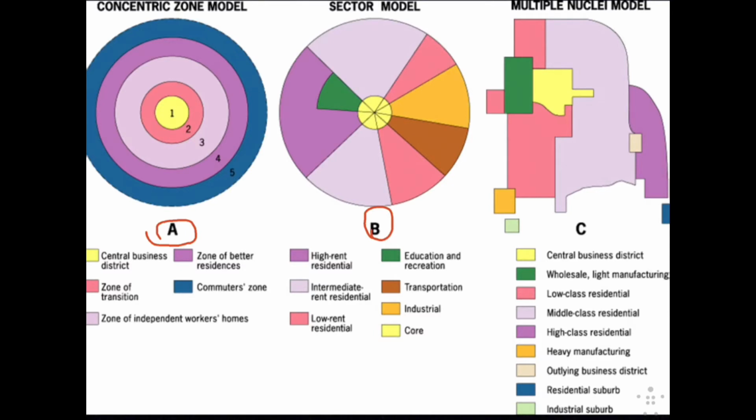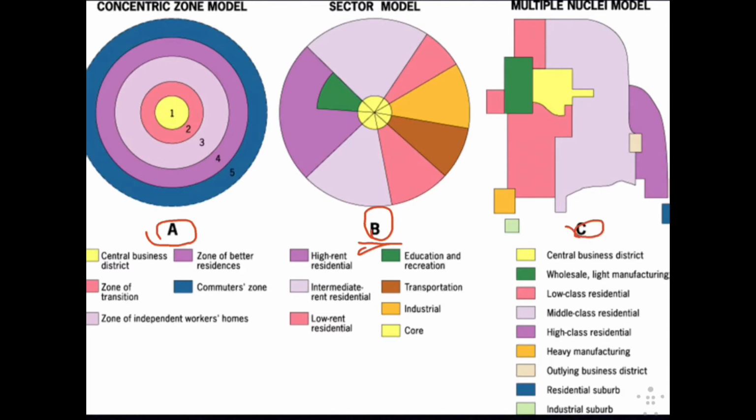Hoyt, like Burgess, notes that as the city grows, residential areas once occupied by the wealthy filter down to the middle class and then eventually filter down to the lower class. The overall pattern of land does not reflect unbroken circles like Burgess. Once a district is established for industry, other industries will cluster around, creating a wedge like you see in the visual.